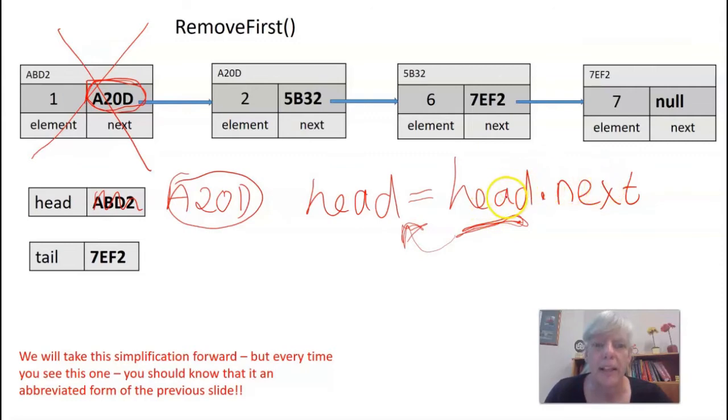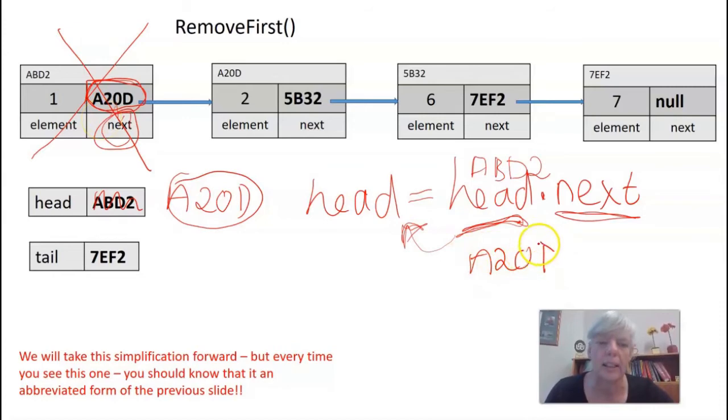Head was ABD2, so go to position ABD2 in memory, find the next instance field, take that value you find there, which is A2OD, and store that in head. Now you replace it.